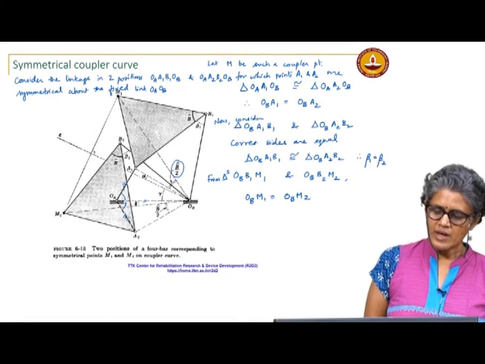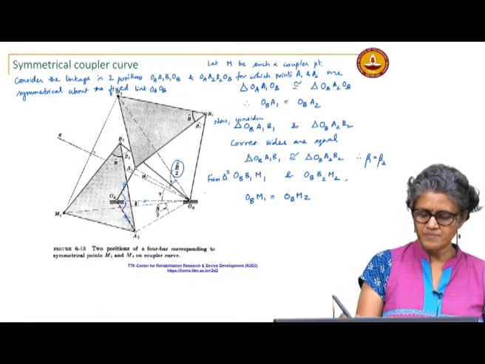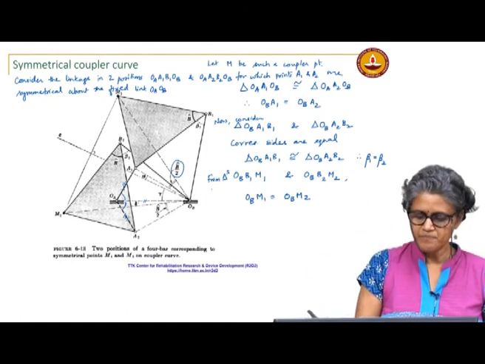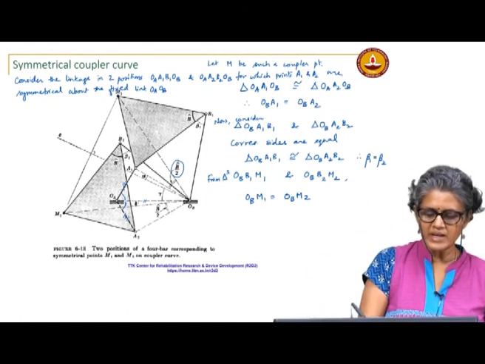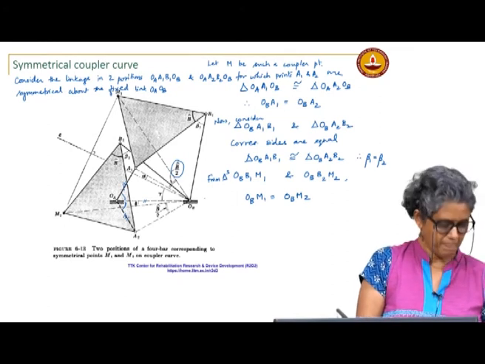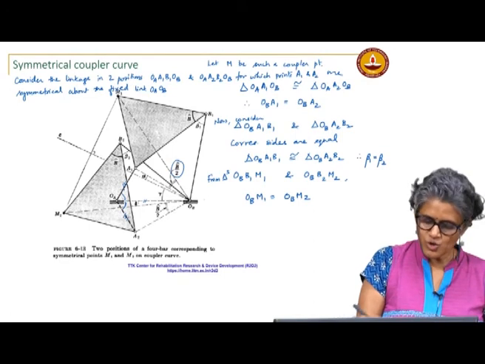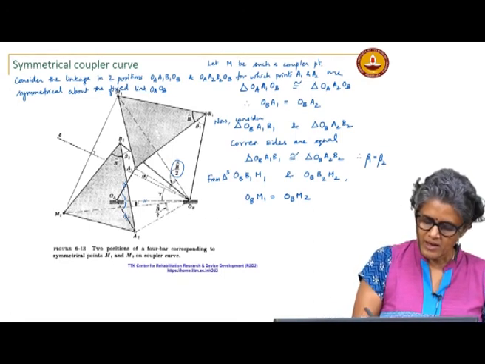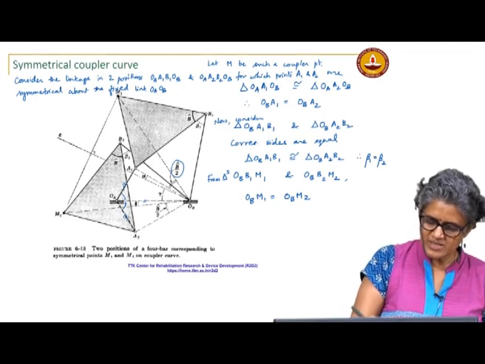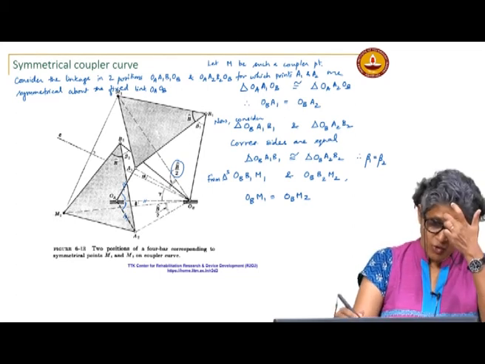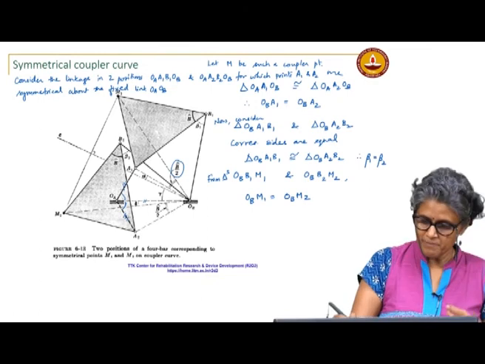Okay. Now, let us look at these angles. I have this line C, which makes some angle gamma with respect to the frame. If I look at this triangle, I have shown that OB M2 B2 is congruent to OB M1 B1, right.